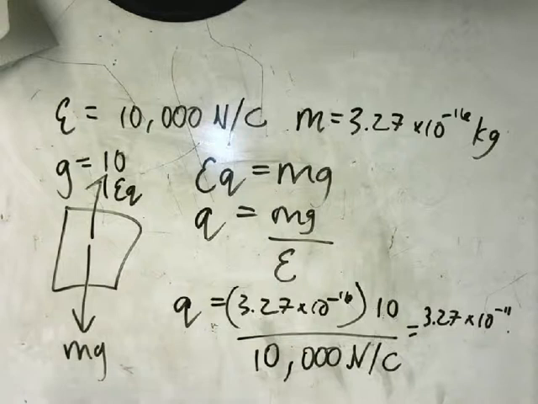So, now if the drop slowly evaporates but the charge remains the same, so Q remains the same, what happens to the drop? Does it go up? Does it go down? Does it stay the same?